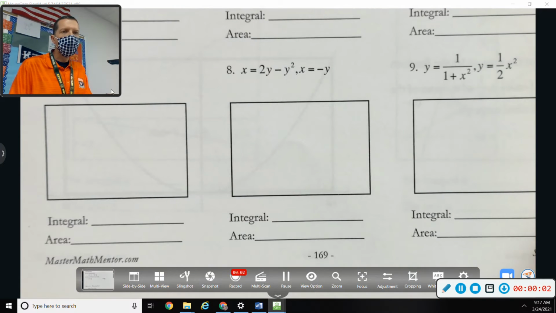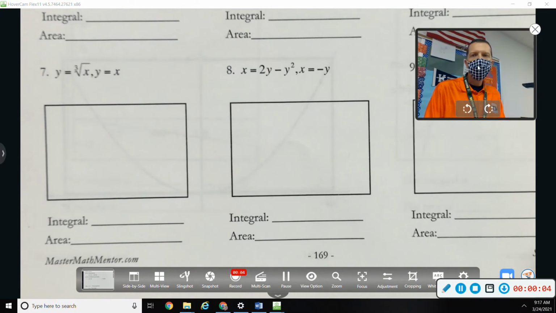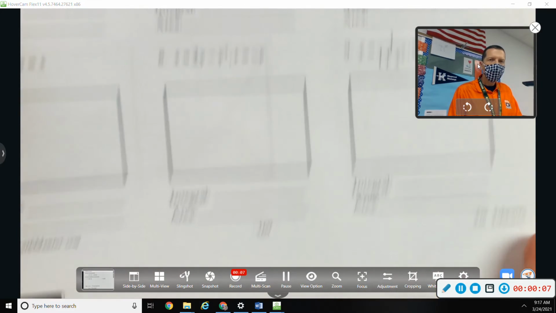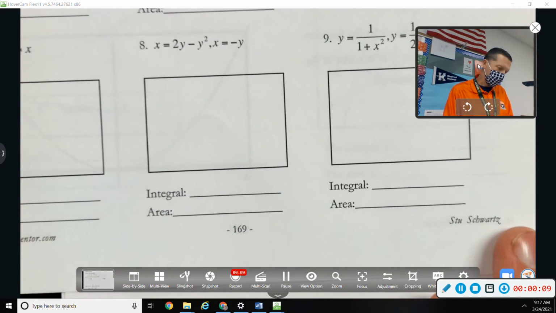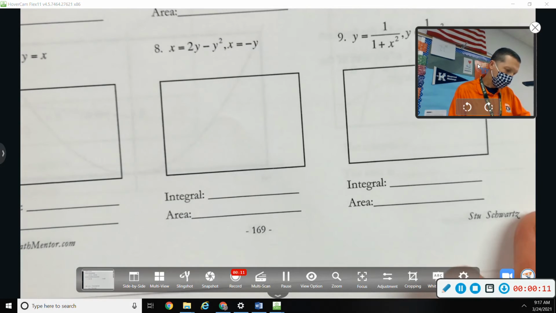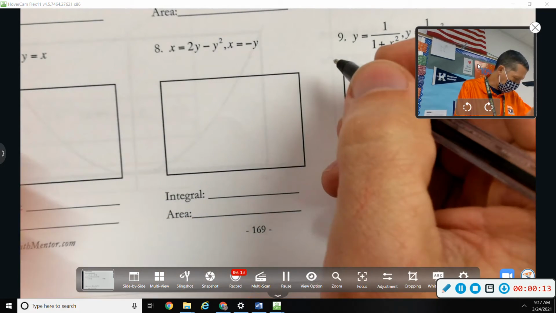All right, looking at number 8 from yesterday's worksheet. X equals... I don't like those. They are a pain to graph, a pain to figure out.